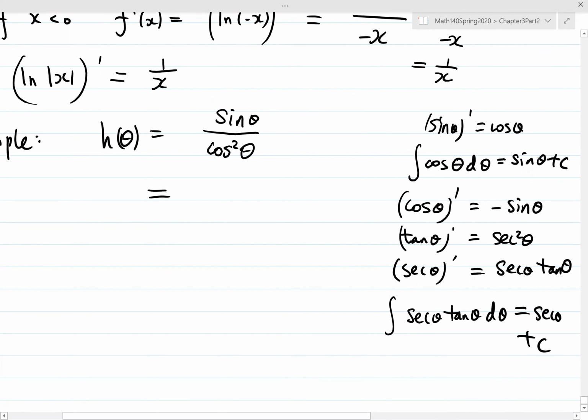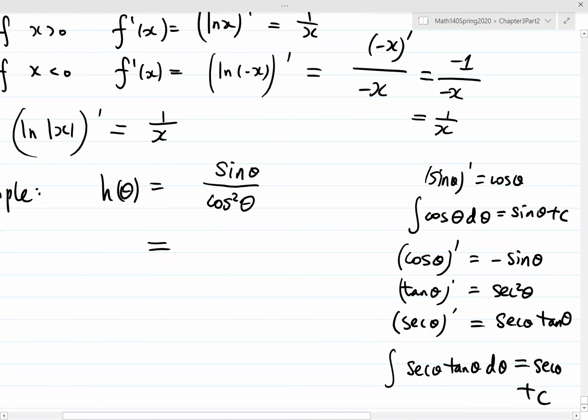So sine theta over cosine theta squared is not in the antiderivative table at first sight, however we can try algebra and write cosine squared theta as cosine theta times cosine theta. So the denominator is cosine theta times cosine theta.